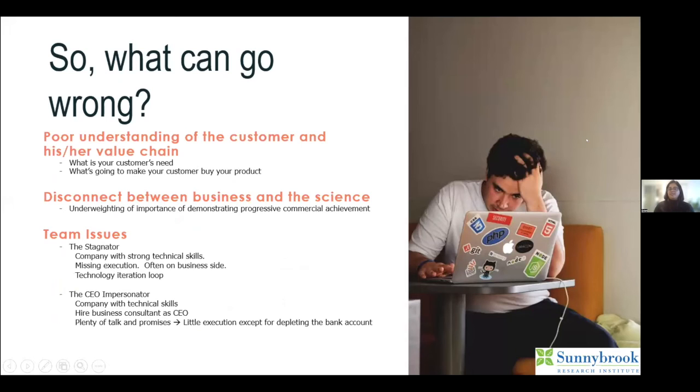So what are things that can go wrong? A couple of issues are, of course, related specifically to startups itself, but an important part to note is the need aspect, and we've addressed this before, the problem-solution fit and the problem-market fit. Does it address the customer's need?